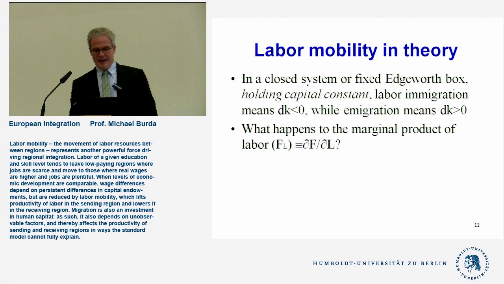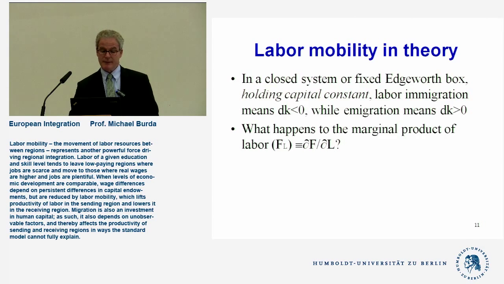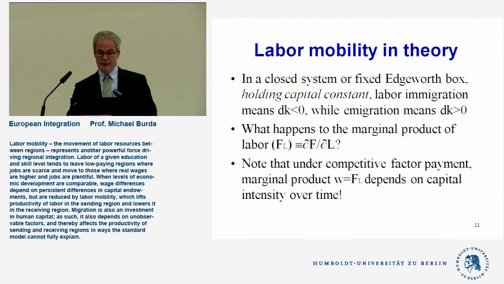Okay, so basically, to see that formally, you need to look at the marginal product of labor in response to a change in the capital-labor ratio. So we have constant returns to scale as an assumption. Therefore, the marginal product of labor is going to depend only on the intensity with which capital is employed in that particular region.